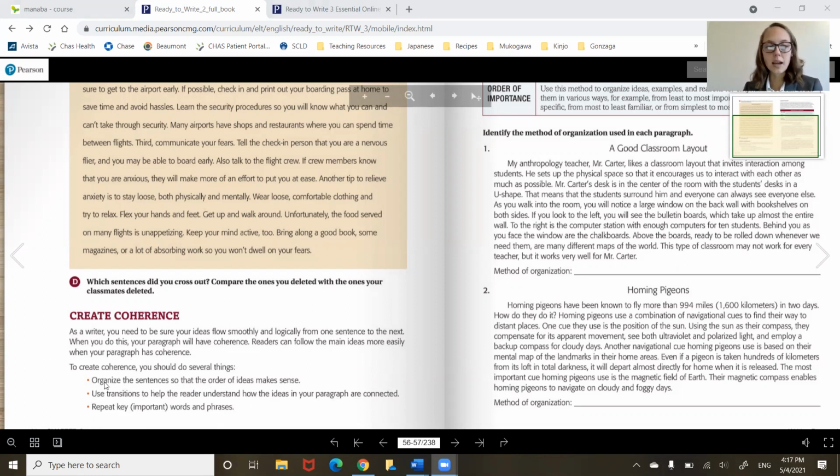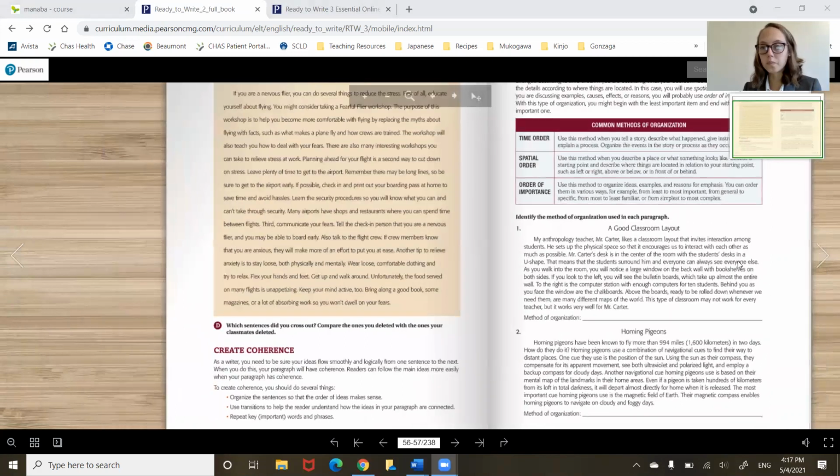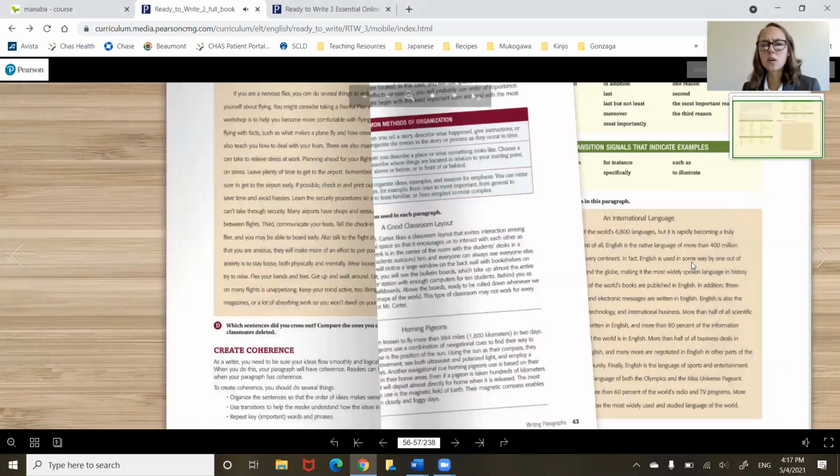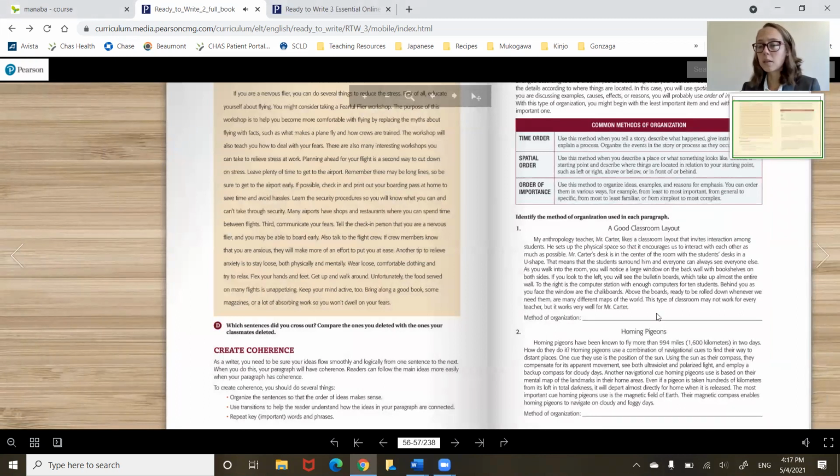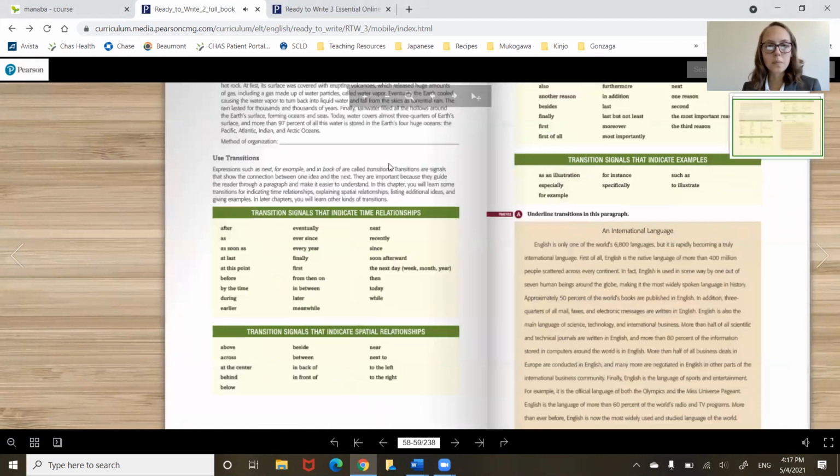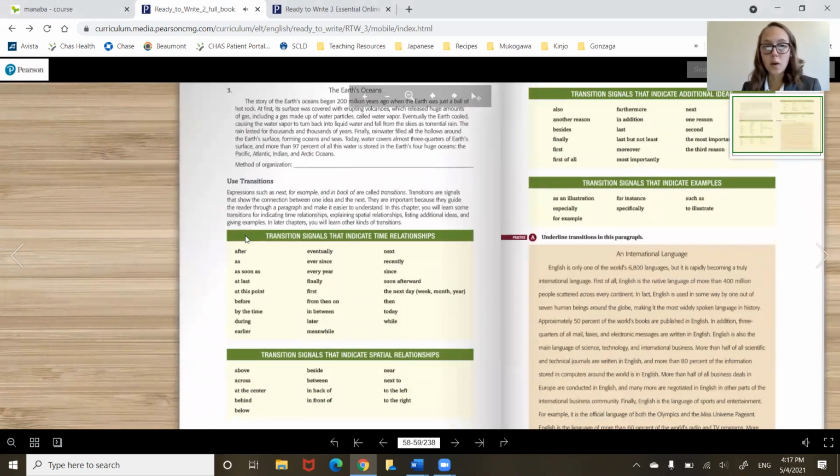Okay, so we don't have time to look at this, but we are going to move. You can read this if you would like. I think you already do this, okay? I think reading your writing, you guys do this. So I don't want to spend a lot more time talking about it, but I do want to talk about transitions.